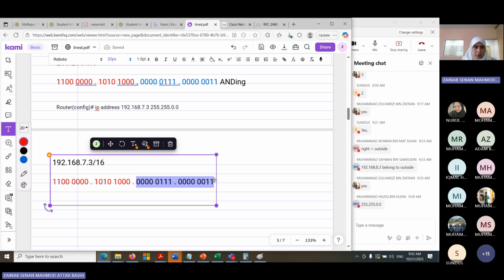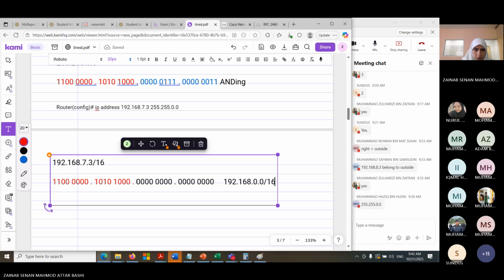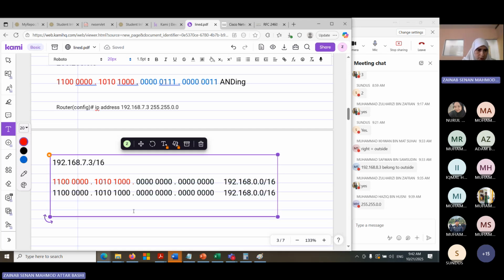The first device in this network will be when all host bits are 0. In decimal, that makes it 192.168.0.0. That's /16. That's the first IP address we can have in this network. Is that correct? When all of them are 0. Next IP address, what will it be?